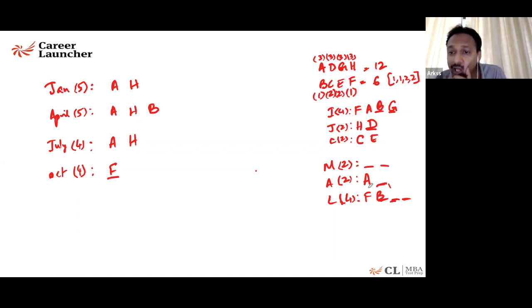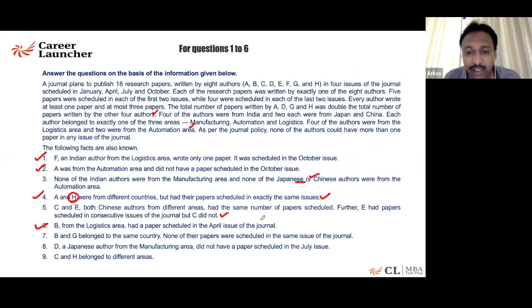B and G has to be there for automation or logistics. This is not B, this is not G. It's not F, A, B, G. None of them are there. We still didn't get anything in manufacturing. We'll come back. B is from April. B got it April. Okay.